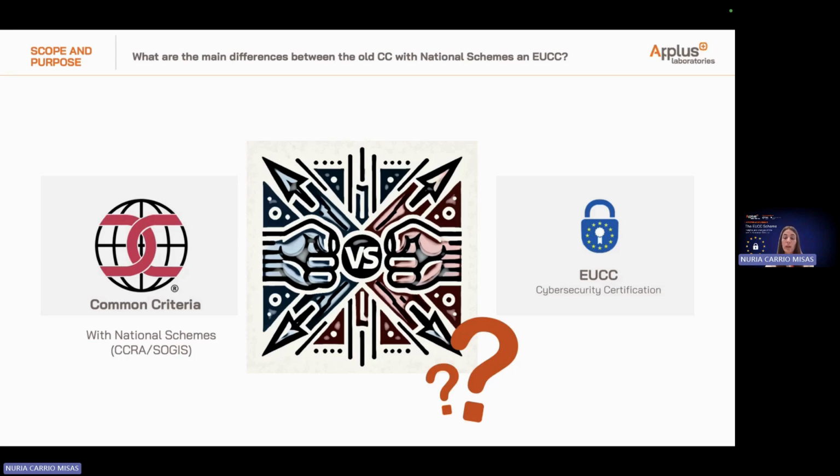If you're a manufacturer, this presentation can help you understand how close your product or your organization is to meeting the EUCC requirements. But it can also be very interesting for stakeholders involved in the certification landscape, because we are going to provide insights and things that maybe need to be improved or that are still to be defined.